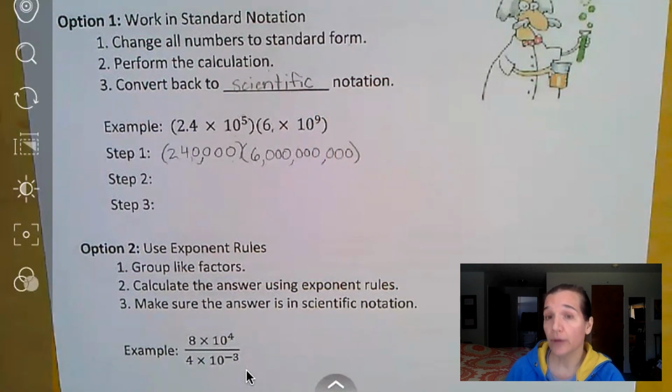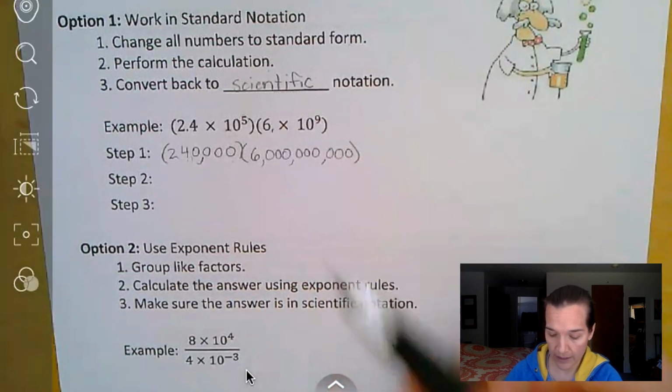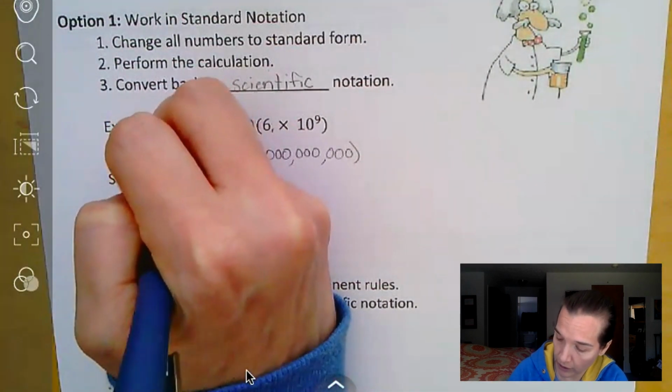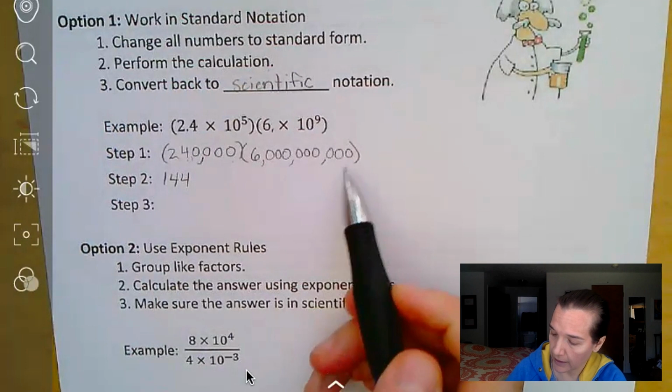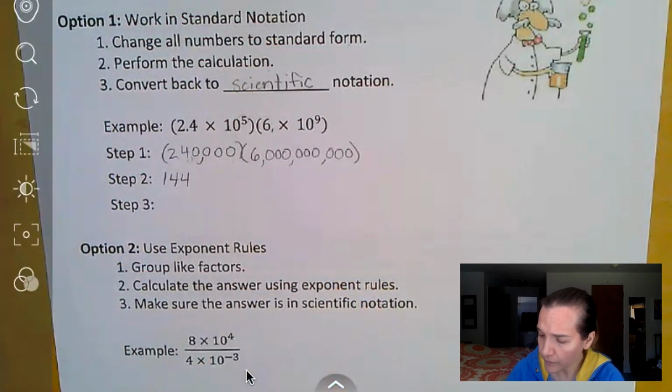So what we could do, go ahead and multiply those together. I'm going to do 24 times 6, which is 144. And then there's 9 zeros here, and then over here, 4 more. So that is our total of 13.